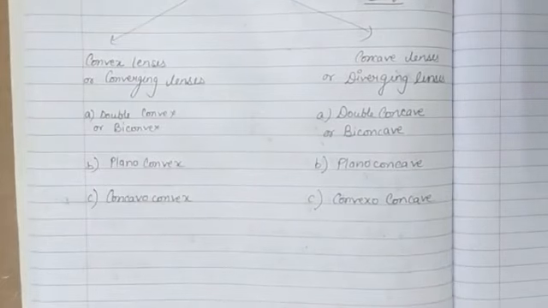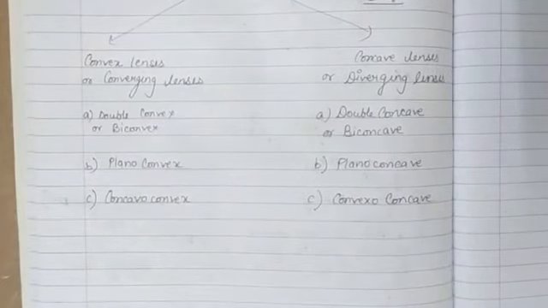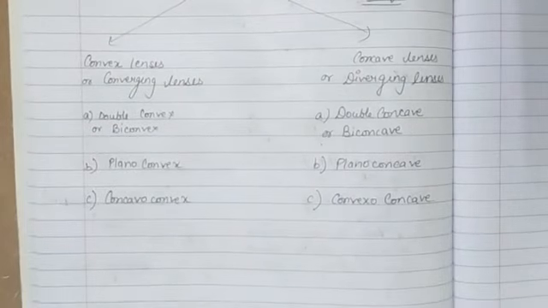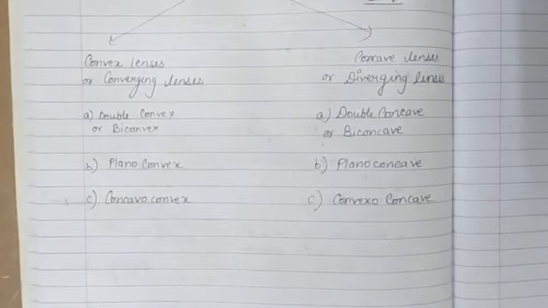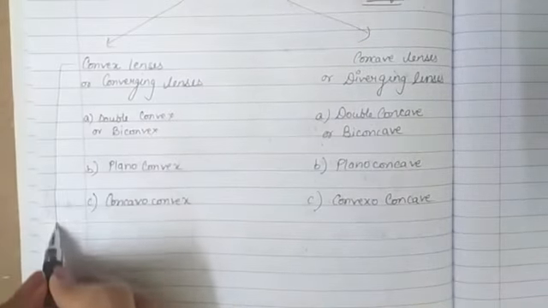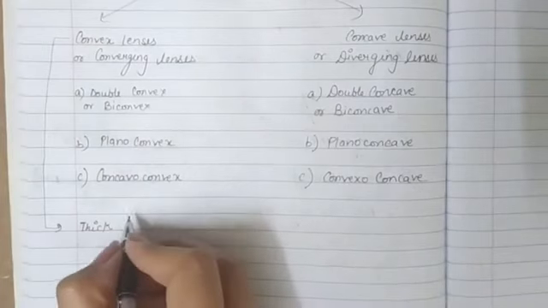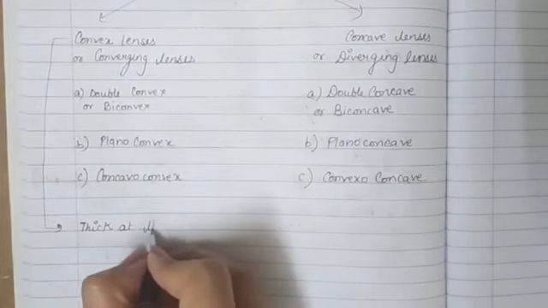Now first we are defining convex lenses. So convex lenses are those which are thicker at the center in comparison to the edges. These are also known as converging lenses because they converge a parallel beam of light and it has a real focus. So to define convex lens, we have to keep in mind 3 points. First, that these are thick in the middle region or at the center.